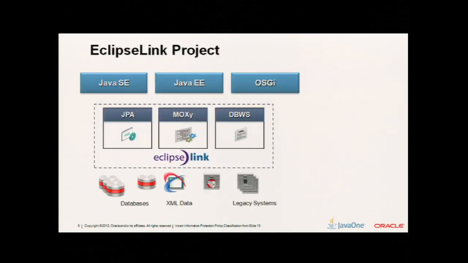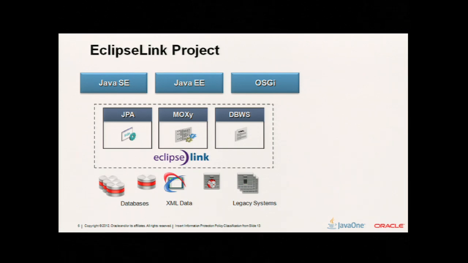The EclipseLink project that I co-lead has several key components: JPA, MOXy, which is our XML and JSON binding solution, and Database Web Services. Our goal is to provide a common persistence engine that you can use in your applications, no matter where your data is stored, and no matter what kind of container environment you want to run in.